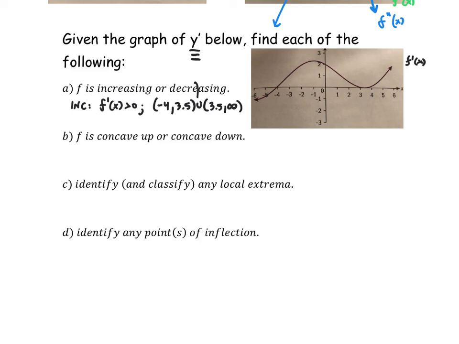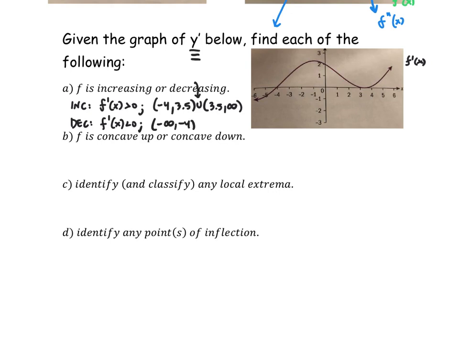Now you might say, well, why not write at 3.5? Because it just stalls out and then continues. I'm always careful to just, if it's not greater than 0, I don't include it. Okay? Now decreasing would be where the derivative is less than 0, and the only place I see that happening, of course, where f prime is less than 0 is from -infinity to -4.